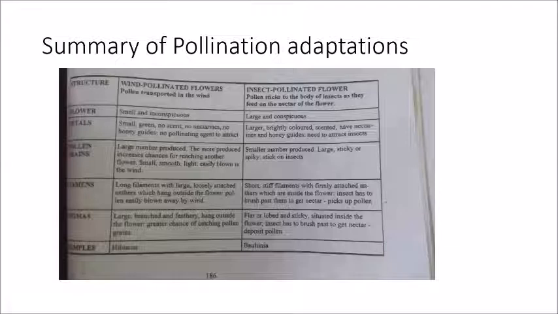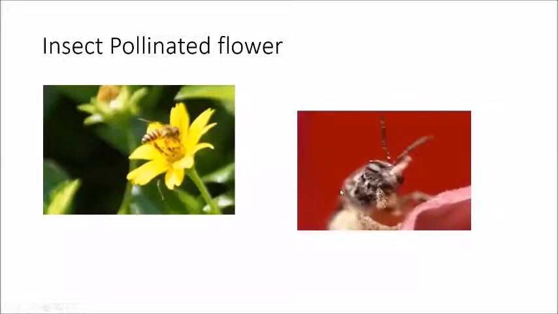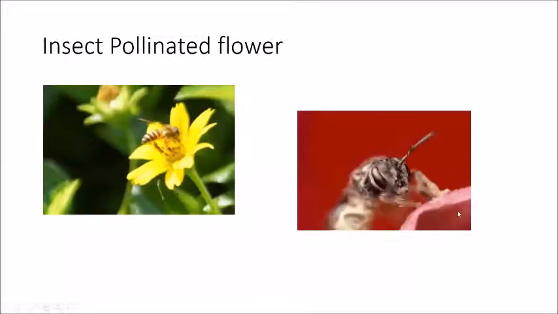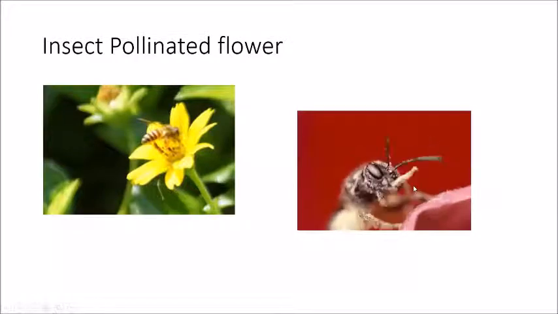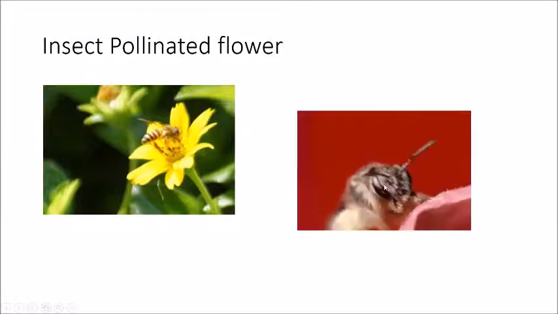Now when it comes to the insect pollinated flower, if you remember that clip I was showing you, the pollen grains of insect pollinated plants are going to be very sticky. That's why you see all these little pollen grains sticking to this bee's hair.